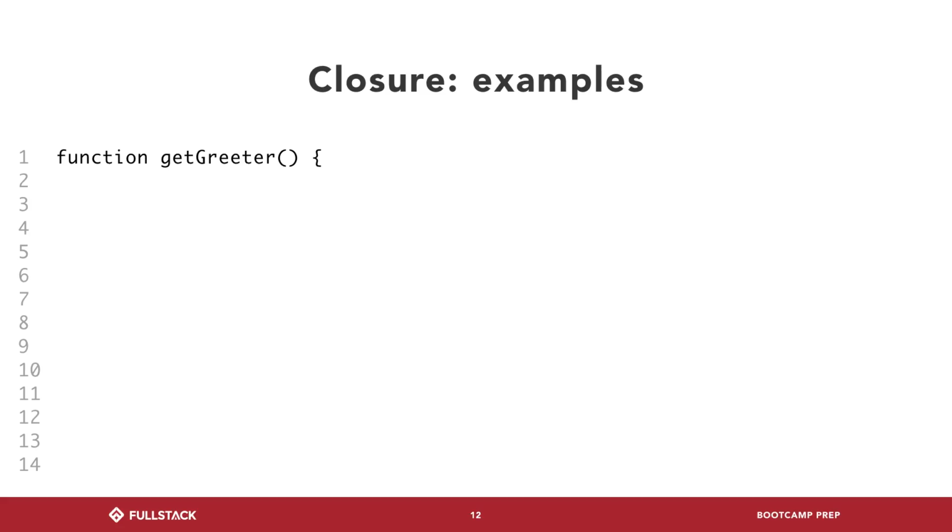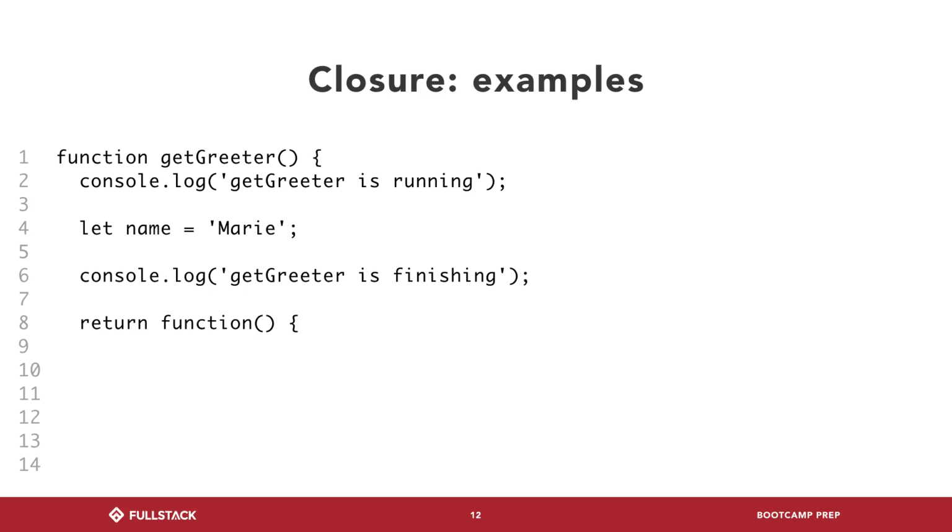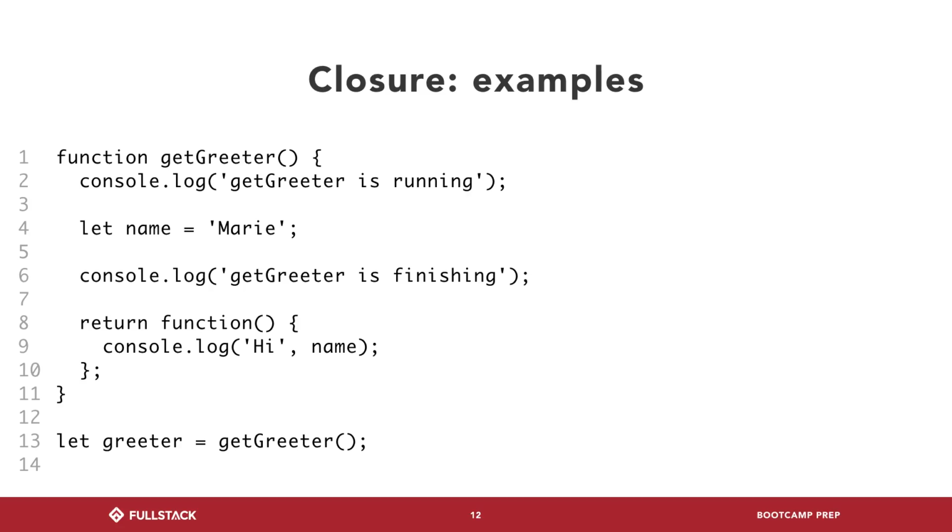But the idea of closure here is when I return a function, not only am I able, so maybe this answers your question a little bit more, Jake, of why we would ever do this.